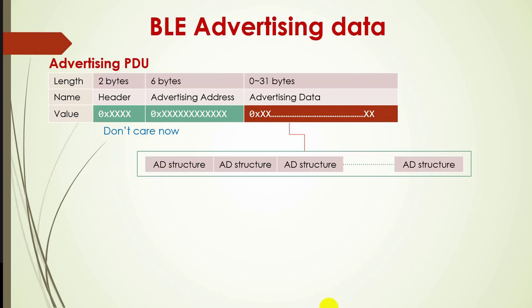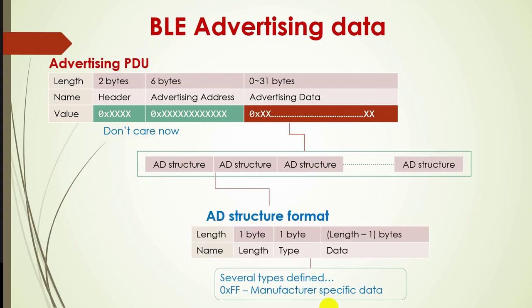This data can have multiple packets, which we call AD structures. Each AD structure has 1 byte defining the length of the packet, 1 byte defining the type, and then multiple bytes for data.